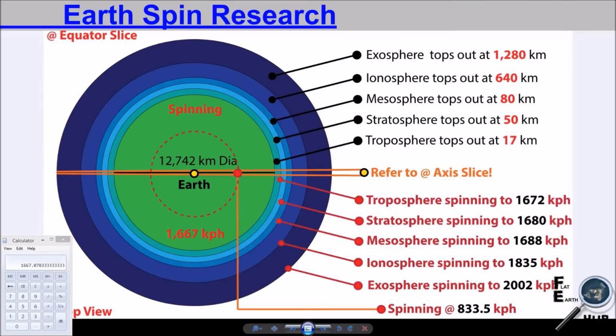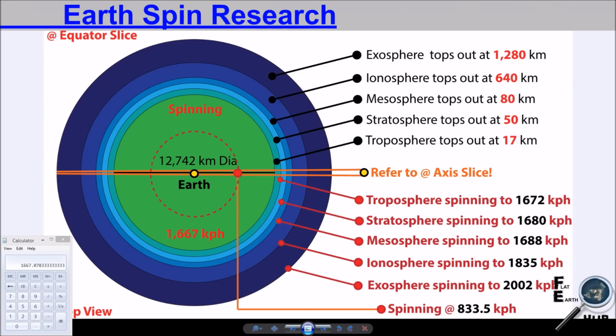So now if we take the same calculation, because of course these are adding to the diameter, we can double that, so 17 would be 34, add it to the diameter, and then do the times by pi divided by 24 hours, and we're going to get our speeds.